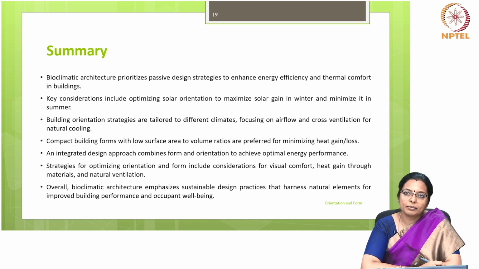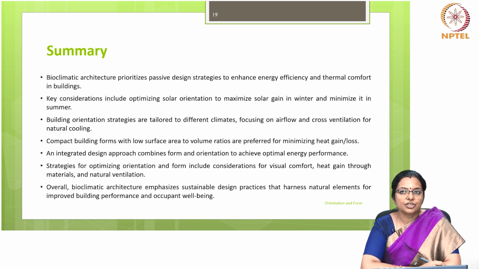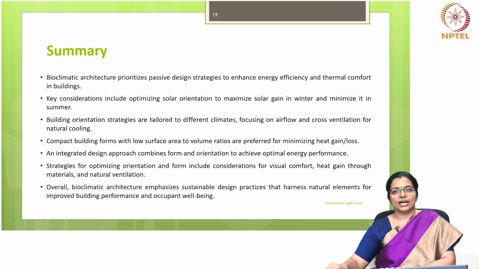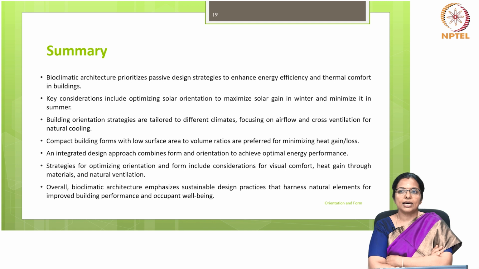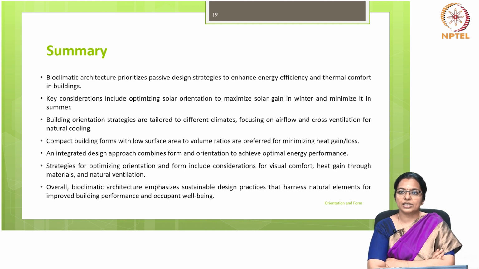So, let us summarize this. Bioclimatic architecture prioritizes passive design strategies to enhance energy efficiency and thermal comfort in buildings. Key considerations include optimizing solar orientation to maximize solar gain in winter and minimize it in summer. Building orientation strategies are tailored to different climates, focusing on airflow and cross ventilation for natural cooling. Compact building forms with low surface area to volume ratios are preferred for minimizing heat gain or heat loss.